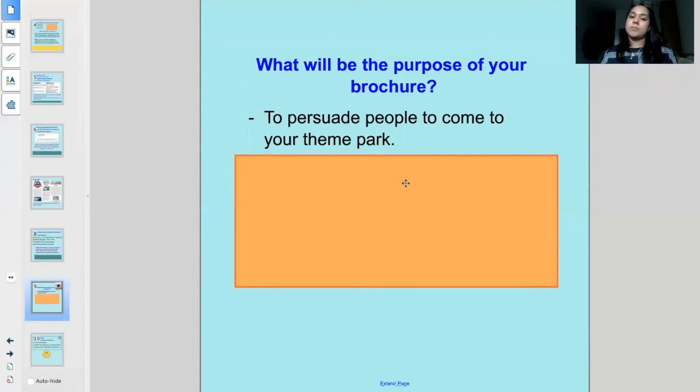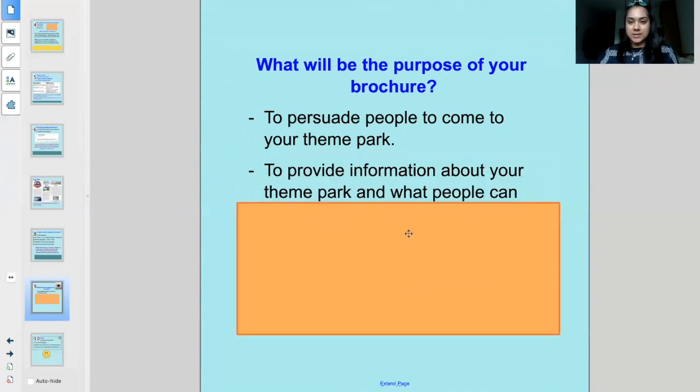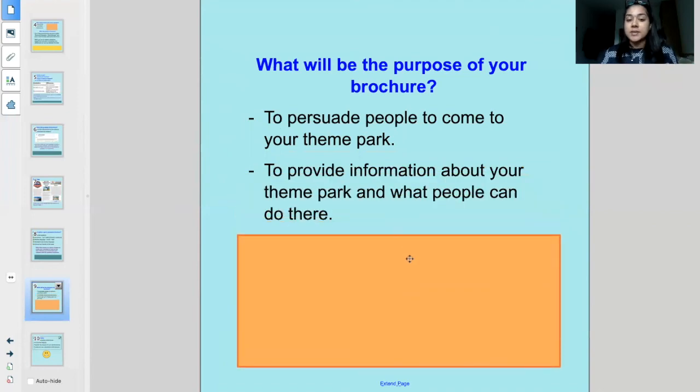Okay, you want them to come and visit your theme park. And the second purpose is to provide them with information about your theme park and what people can do there. Okay, so those are your two main purposes. If you feel like you may forget this, please make a note of this somewhere so that you are reminded of what your purpose is when you are writing your brochure.